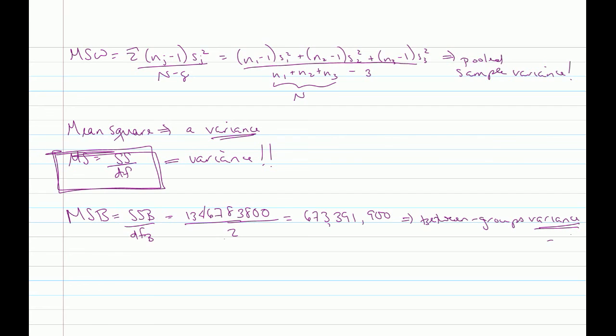And we want to know, is this big relative to our within groups variance? So we're going to calculate MSW. MSW being a mean square, we need to get our sums of squares W, divided by our degrees of freedom W. And that's going to be 438,946,058 divided by degrees of freedom W, and this again was n minus g, or 52 minus 3, which was 49.